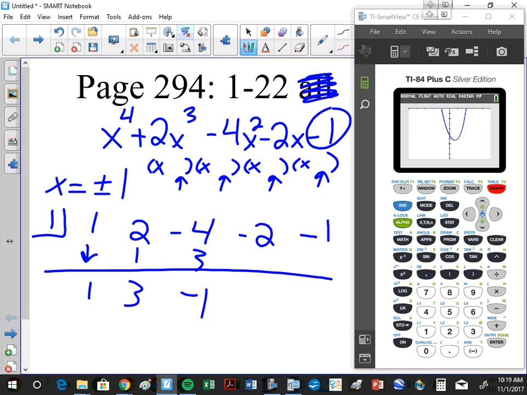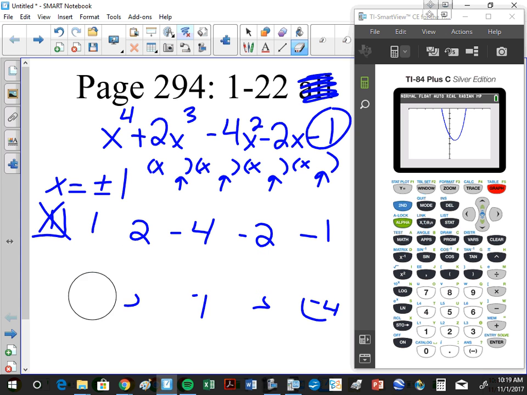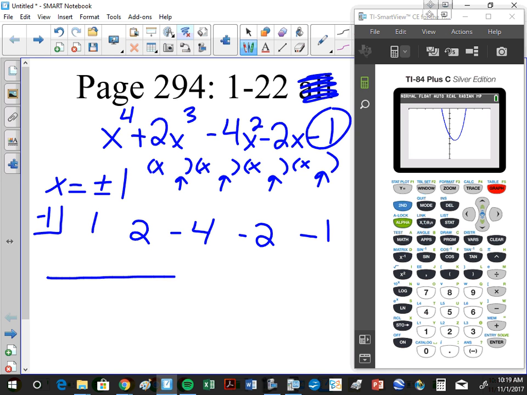Negative 1, negative 3, negative 3 and negative 4. What does that tell me? 1 is not a root. So this did not work. So let's try negative 1. No, watch. You'll see. When we get to the end, you'll understand what happened.